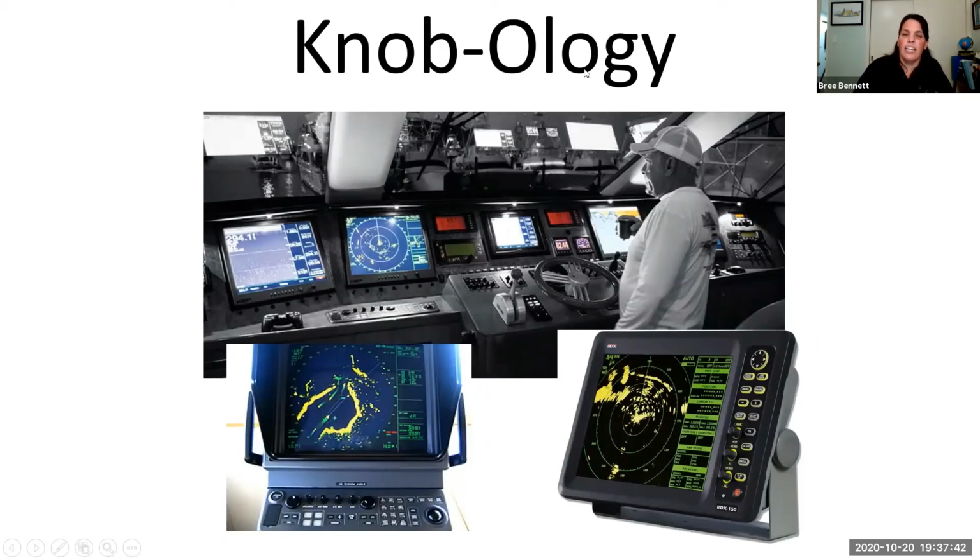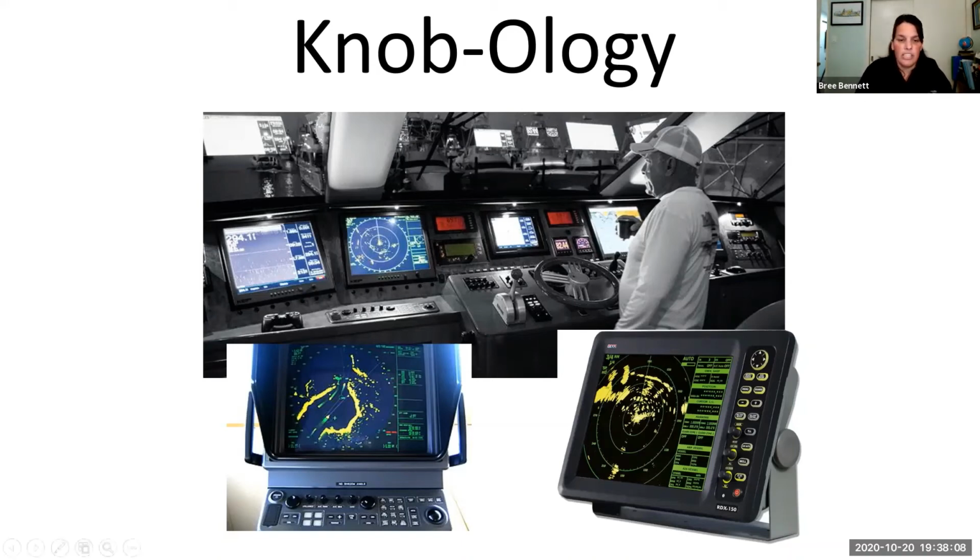Okay, so we're going to go over knobs, or it's not even specifically because I kind of generalized it here, to the simulator. But just know that every radar unit you are going to have, the knob might be, most likely will be different, but the function behind it will be the same.